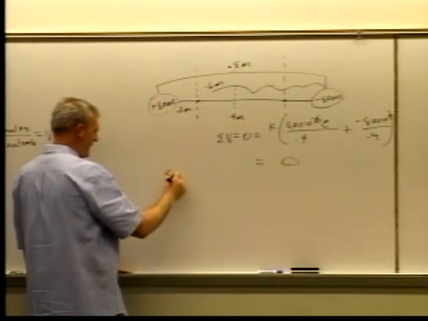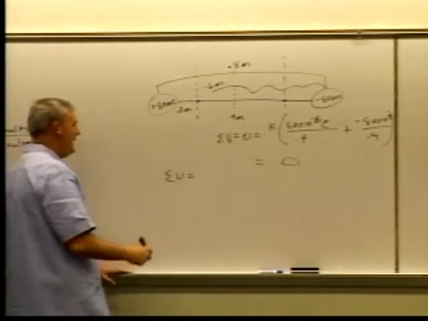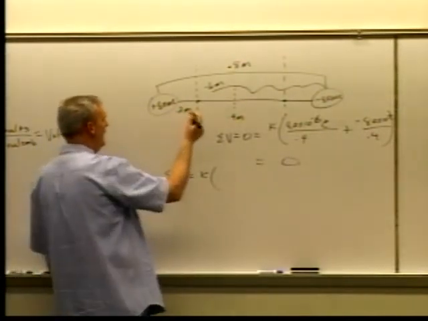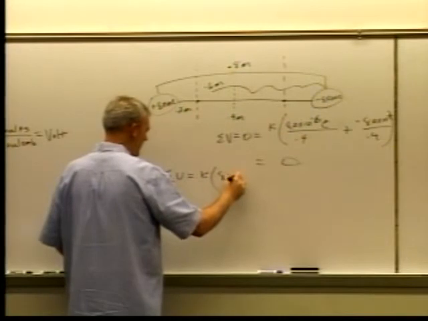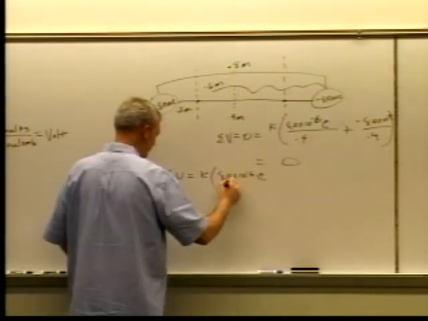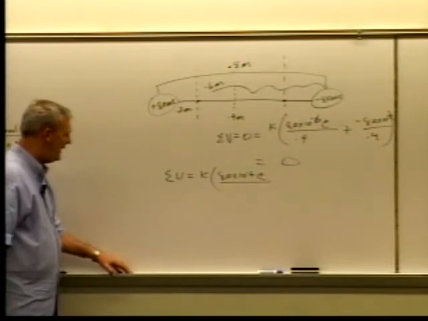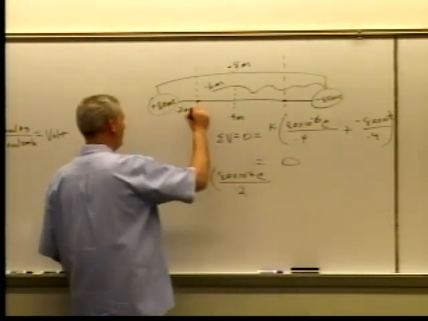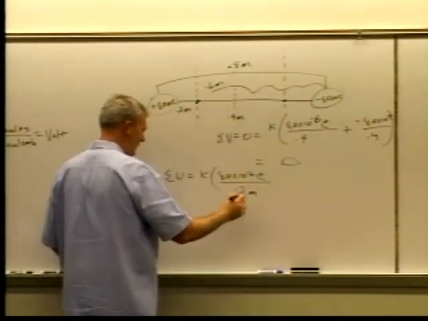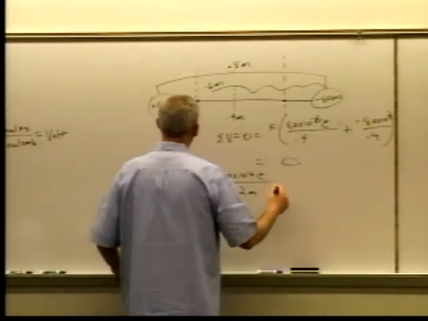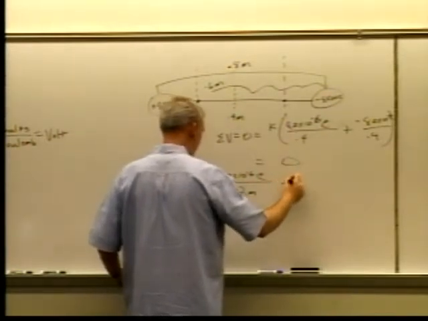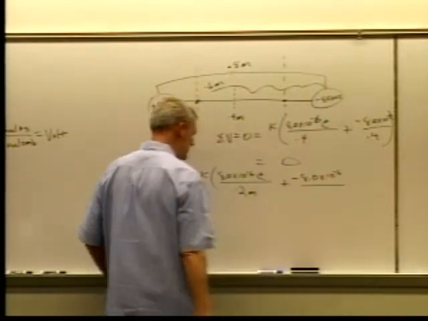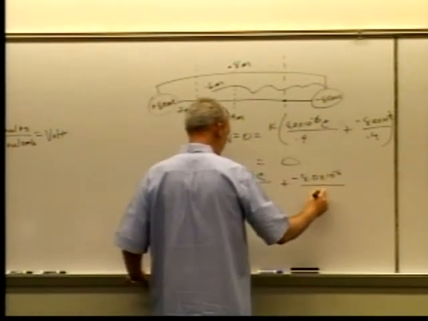And so the voltage there, you just add them up, would be K, which I'm factoring out because it shows up in both, times 8.0 times 10 to the negative 6 coulombs divided by 0.2 meters, plus negative 8.0 times 10 to the negative 6 divided by 0.6 meters.